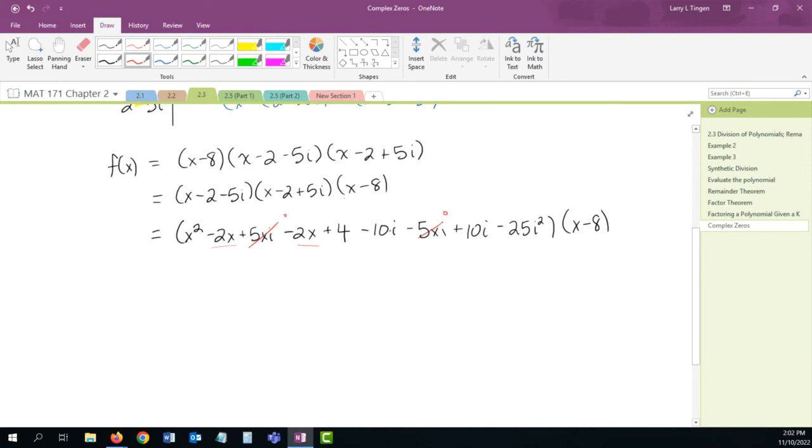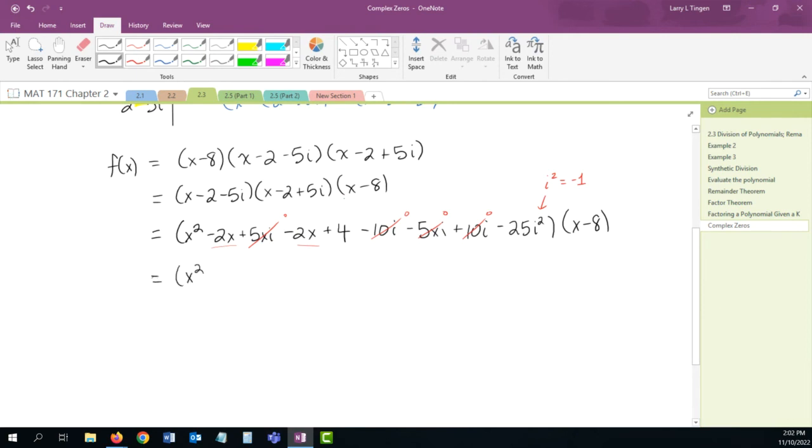The 4 does not. Negative 10i, positive 10i, zero out. And then look right here, i squared is negative 1. So the reason that I multiplied the conjugates together is because if I did it, all of the i's would go away. Is that what happened?